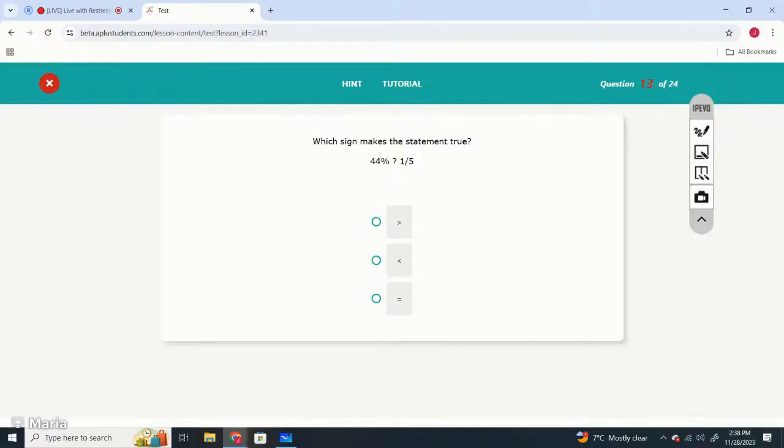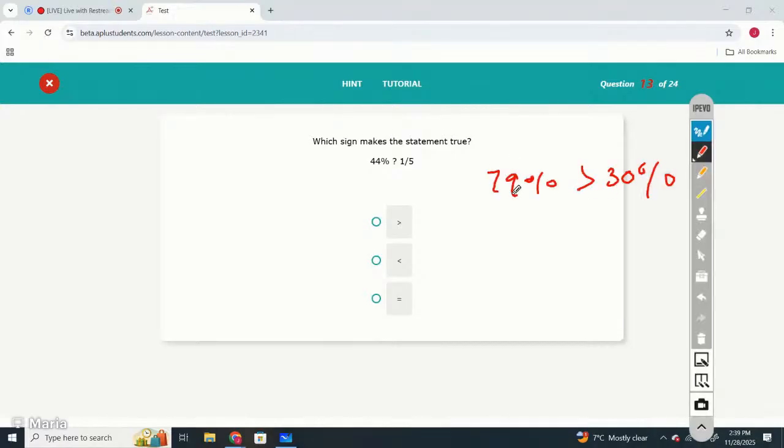Which sign makes the statement true? 44%, and we need to convert 1 by 5 to percentage form.